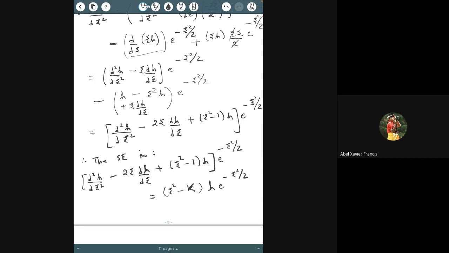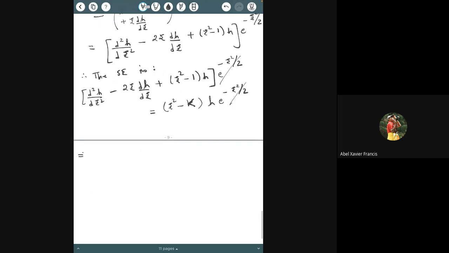Okay? So we can delete the exponentials from either side. And we end up with an equation only for h.